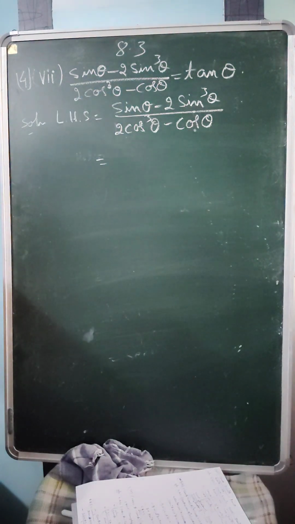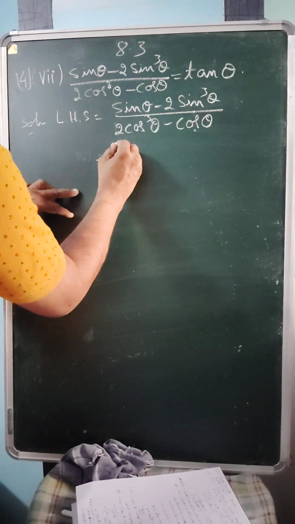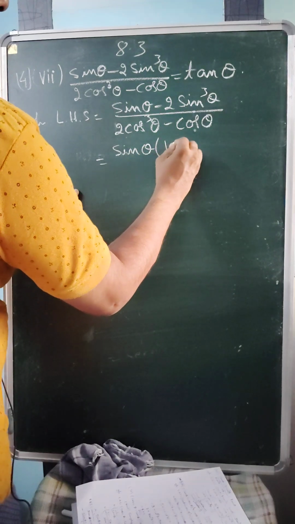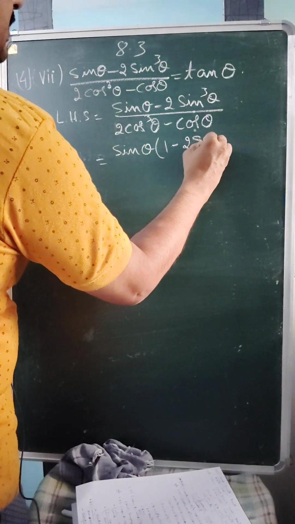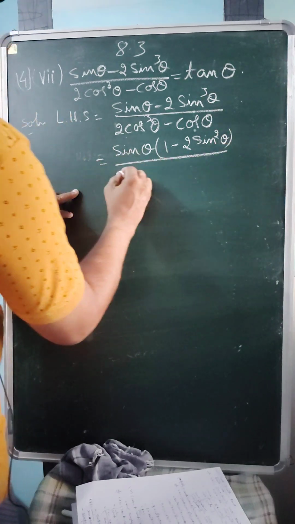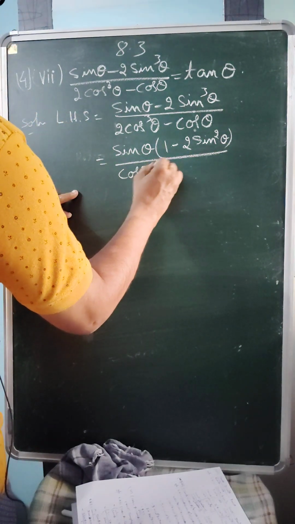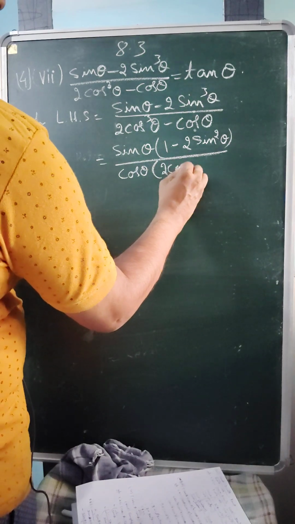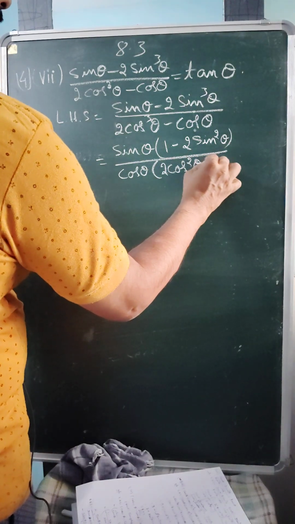Remove the common factor in the numerator and denominator. In the numerator, sin theta is common, into (1 minus 2 sin square theta), whole divided by cos theta is common, into (2 cos square theta minus 1).